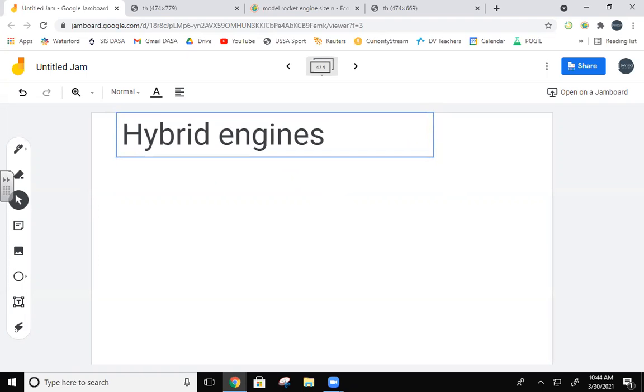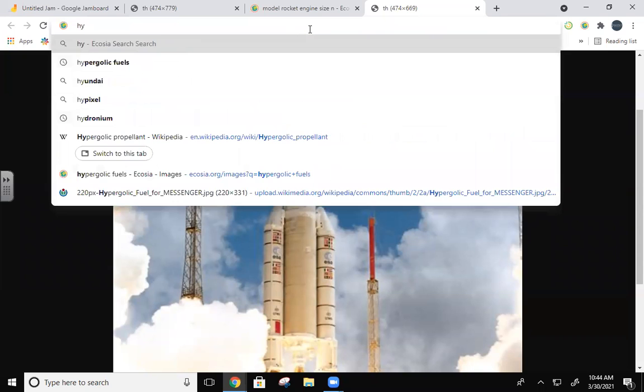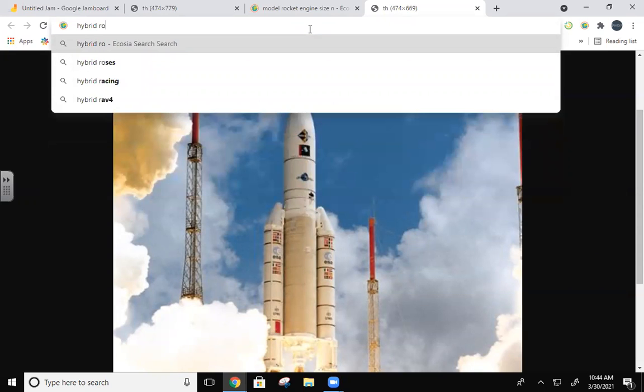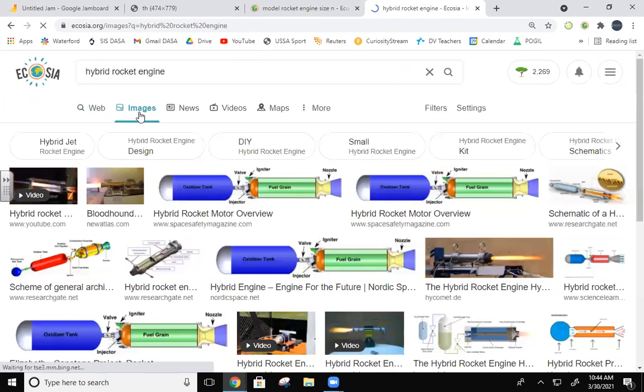A hybrid rocket engine uses solid fuel with liquid oxidizer.